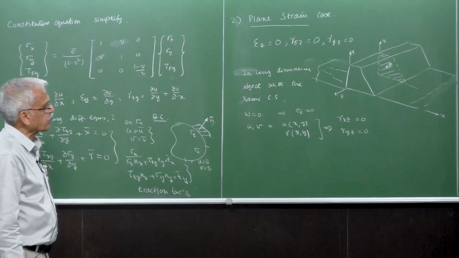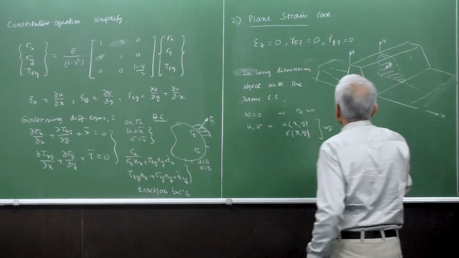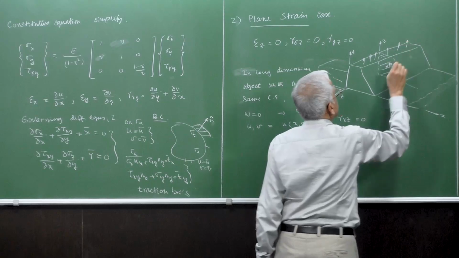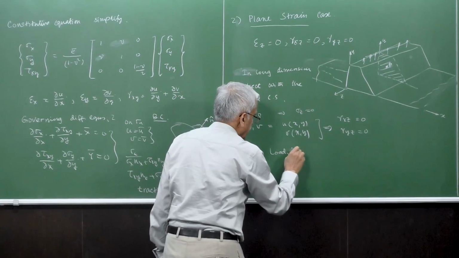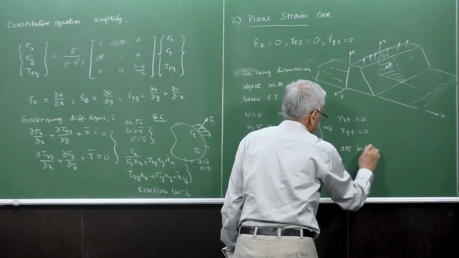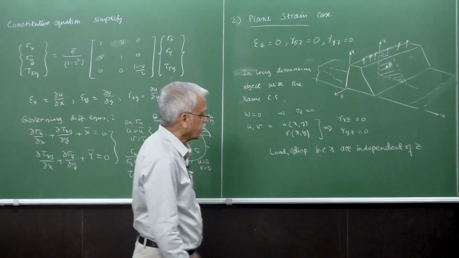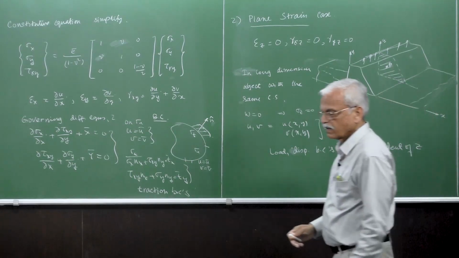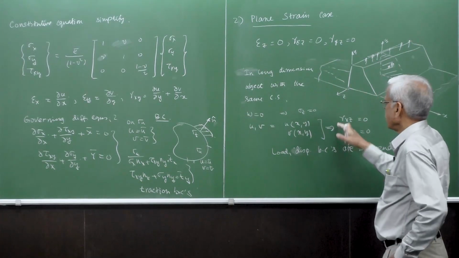So that way, in these kinds of problems where we have the same cross section extruded in the Z direction, we are also assuming that even the loading is independent of Z. So the load and displacement boundary conditions are independent of Z. This is also a contributing factor: none of the applied loads or even the boundary conditions are functions of Z. So that means that in every cross section, all the variables are independent of Z, including their displacements.